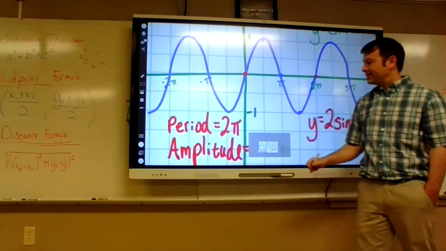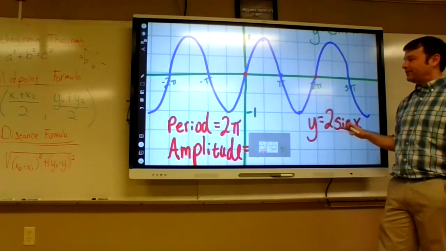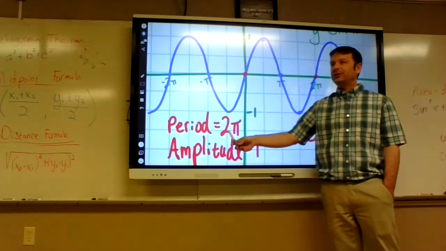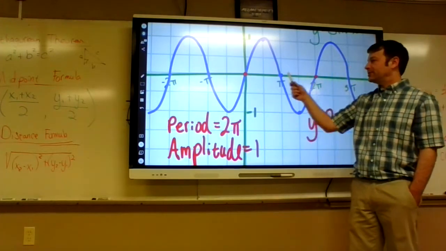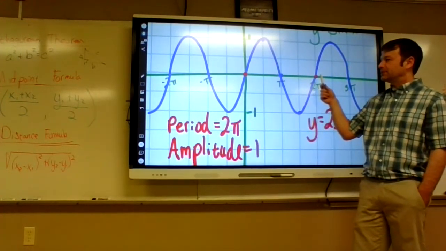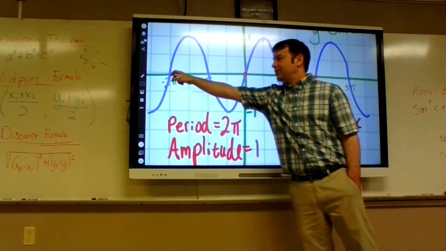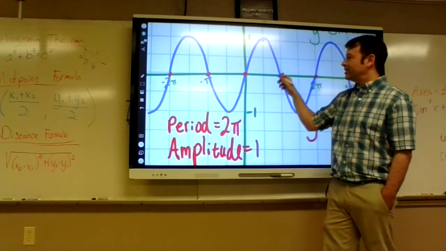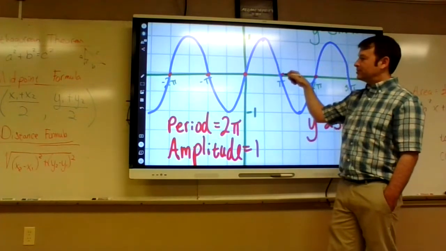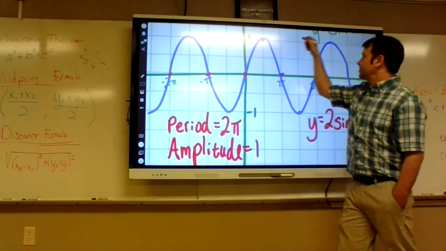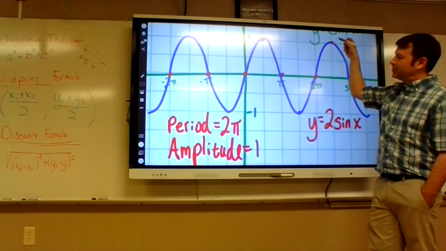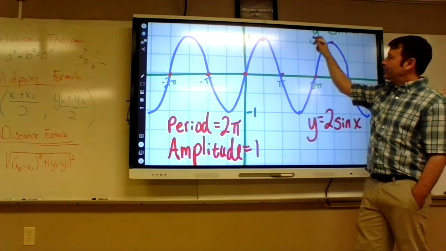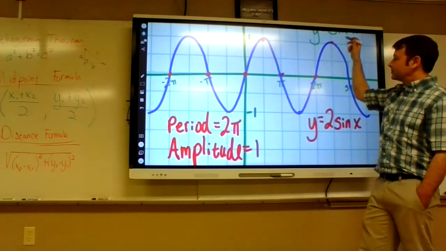So on a basic sine function, actually it's the same for the cosine, on a basic sine and cosine function, the period is always going to be 2 pi. How long before it starts repeating itself? From here to here, from 0 to -2 pi, that's also 2 pi in length. From -pi to pi, that's 2 pi in length. That's how long before it starts repeating itself. From here to here, that's 2 pi, another way to think about it. Half a pi, 1 pi, 3 halves pi, 2 pi.